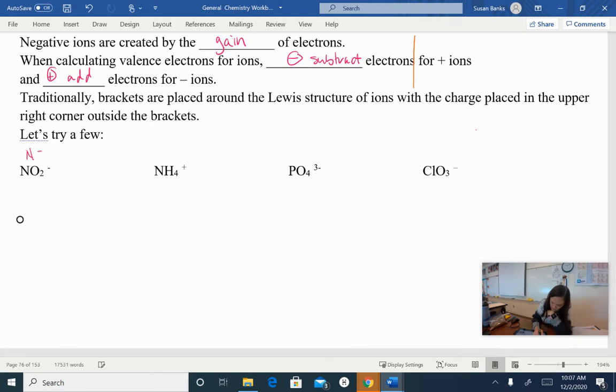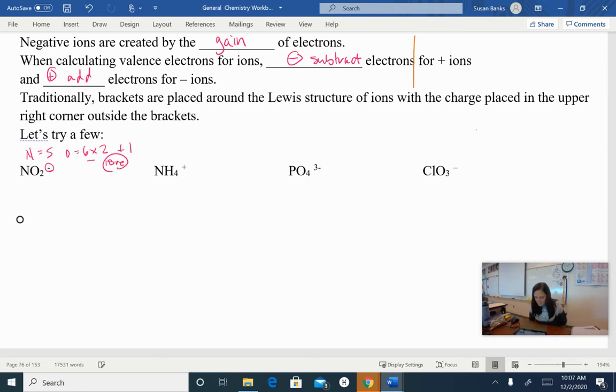So nitrogen gives me 5, oxygen gives me 6, and I've got 2 of them, and then I've got that -1 charge. So I'm going to add in 1 more. So 5 plus 12 is 17, plus 1 more is 18. So my grand total here will be 18 valence electrons that I need to place.